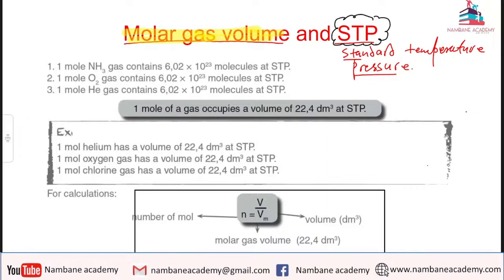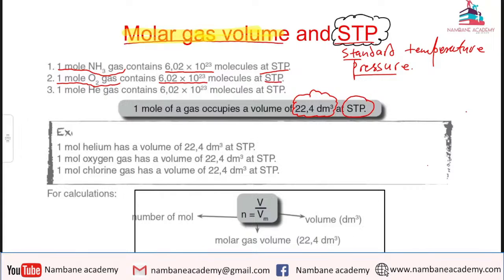So now, ladies and gentlemen, let's check what is happening here. 1 mole of NH3 gas contains 6,02 multiplied by 10 to the 23 molecules at STP. That we know in terms of the Avogadro number. When we look at the gas also, which is oxygen in this instance, it will still have the same number of molecules at STP.